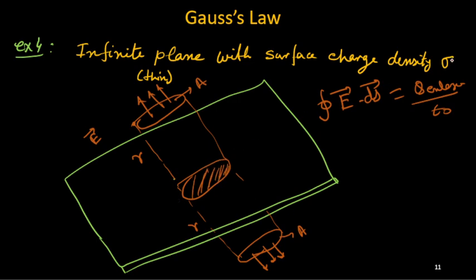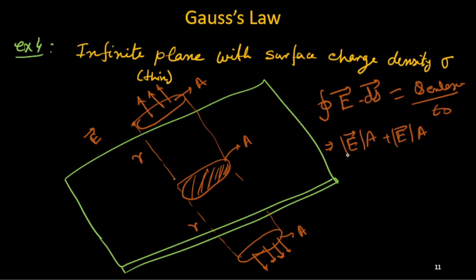Now the charge density is rho, so obviously rho times this area A. So what is the left side? The left side is the magnitude of E, and this area is A. And in the below one, it's also the same thing. So here also the magnitude of E into A.